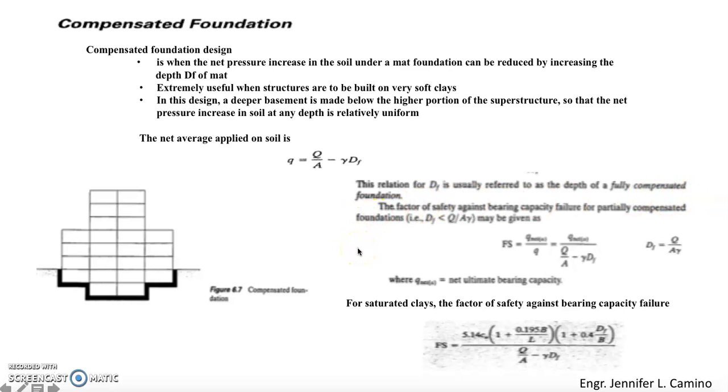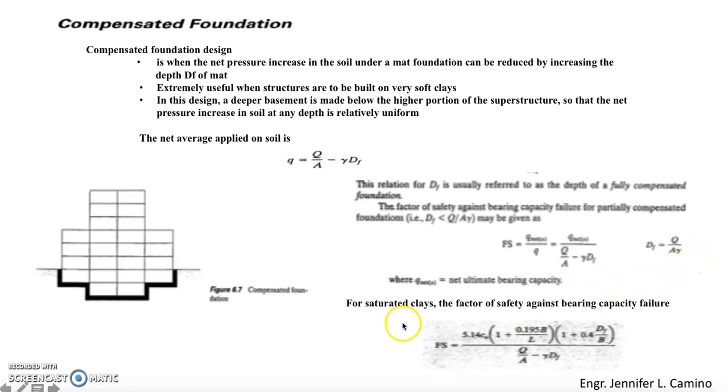So the factor of safety against the bearing capacity failure for partially compensated foundation may be given as, you have here the formula for the factor of safety, that is net allowable bearing capacity all over the net average pressure on the soil. So you have this expression, or it can be equivalent to this equation. Of course, you have to take note that Df, which is the depth of the foundation, is equal to Q all over area times gamma.